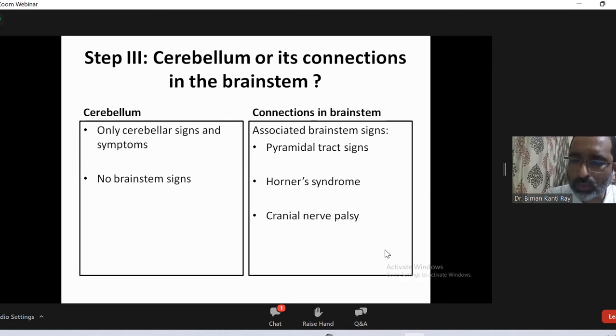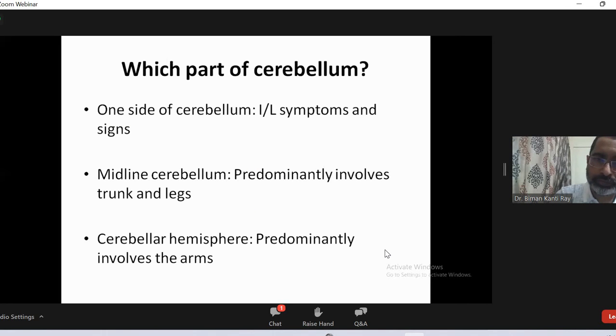So once you get ataxia due to pathology in the cerebellum or its connection, you try to formulate whether it is purely cerebellar or it is a brainstem or cerebellar brainstem connection. Now, in this particular patient, I have mentioned there are features other than cerebellar involvement.